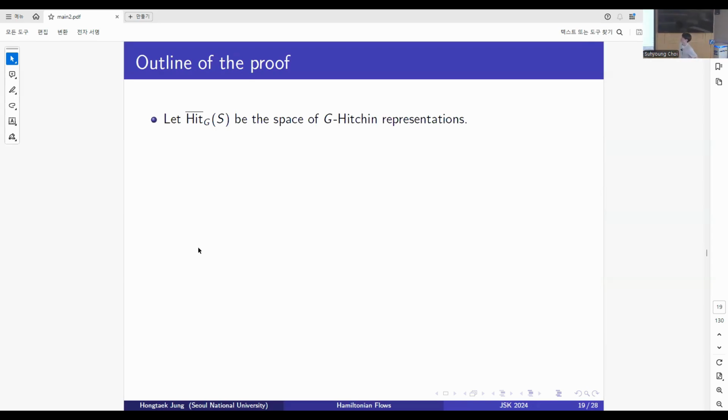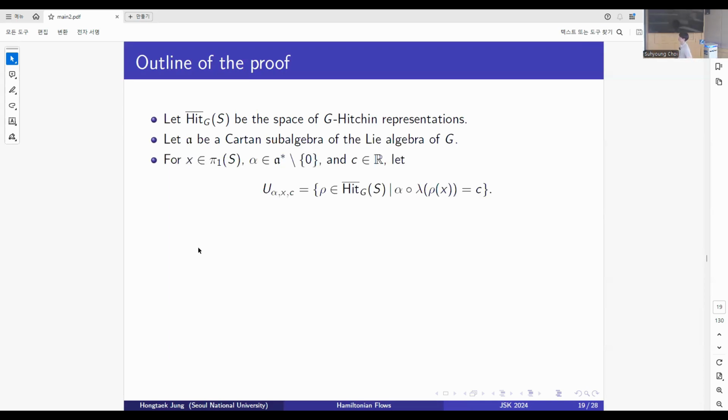So this Hitchin bar is the set of all G-Hitchin representations. And fraktur a is the Cartan subalgebra of the real Lie algebra of G. You consider the following set, U of alpha, x, c, which is the set of all G-Hitchin representations that satisfy this equation.